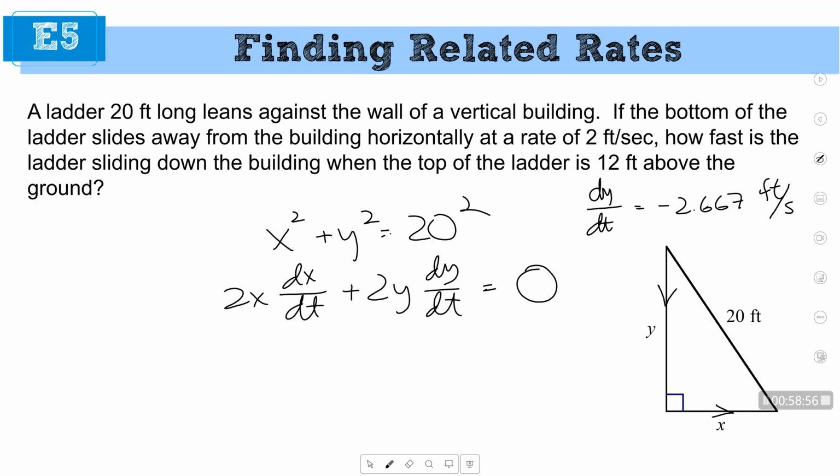Be careful with that. 4 unknowns. I know 2 of those. I got to go find the other one. So this one involved a sidebar coming back to the problem, plugging 12 in for y and solving for x to get 16. Then plug and chug and solve. Okay? Questions?